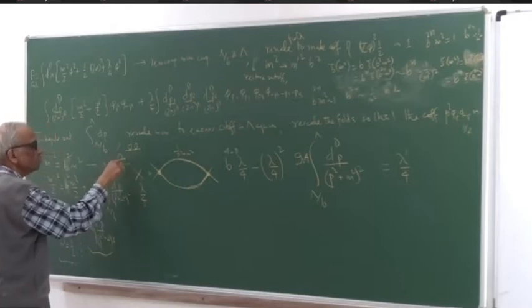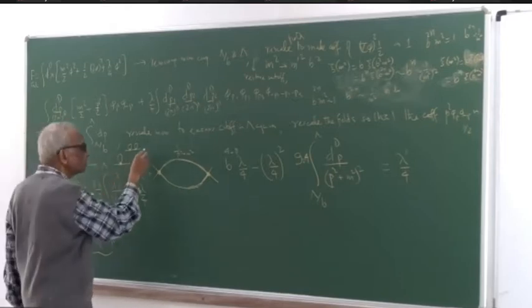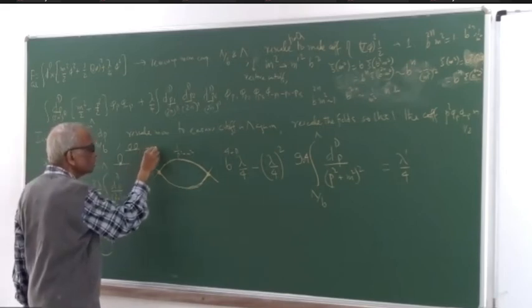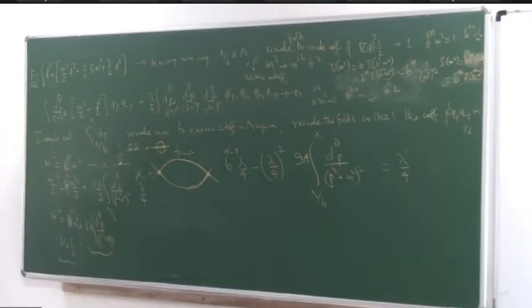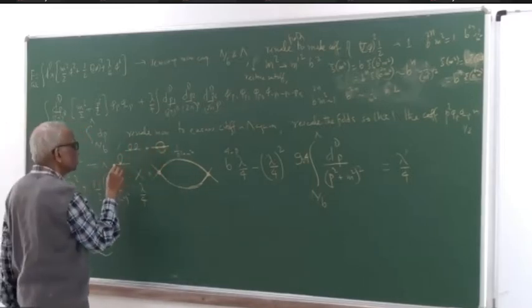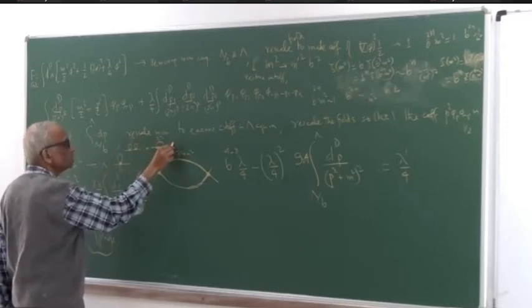This is nothing but a geometric series expansion of this. But then there is the other, which is this. So this is lambda, this is lambda squared, and this is lambda squared.